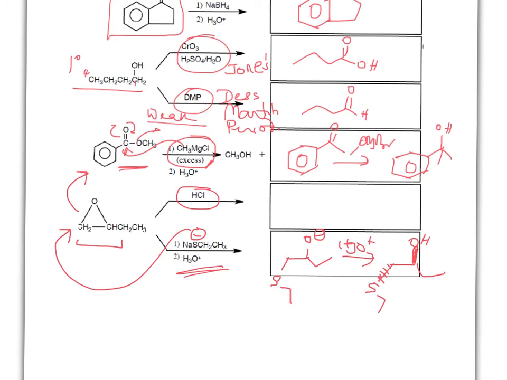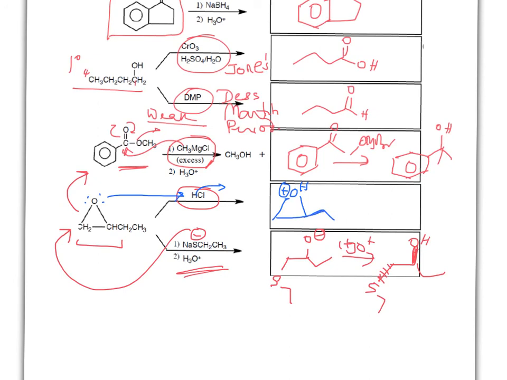Now, if this were an acid condition, it's going to go through the protonation. So you're going to first show, let's switch the color perhaps. So the lone pair of the epoxide is going to attack and it'll protonate the epoxide. So your first product is going to be the positive charge on the epoxide.